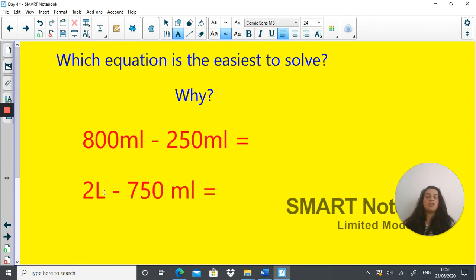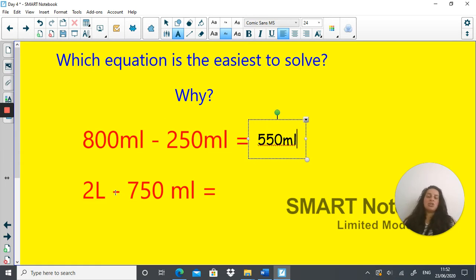Right, so you have 2 equations here. Which one is the easiest to solve and why? So have a think which one is easier to solve. Why don't you answer both of them and you can decide. So this one up here is the easier one to solve because the minuend and the subtrahend are both in millilitres, aren't they? So it's easier for you just to take 800 take away 250, that's fine, we know what that is. That is 550 millilitres.